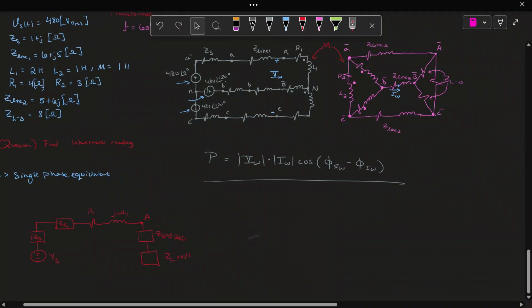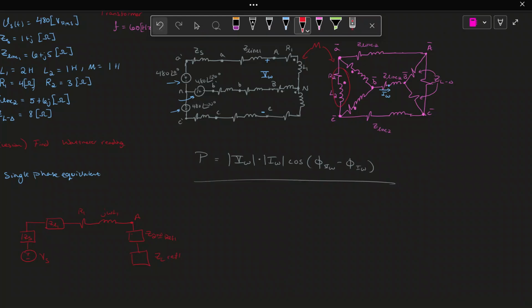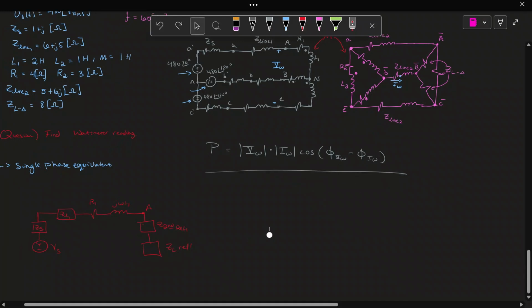So first of all, what are we going to have to reflect? We're going to have to reflect this resistance and inductance, and we're going to have to reflect this line resistance and inductance. We're also going to have to reflect the Z load. Okay, that's very important.